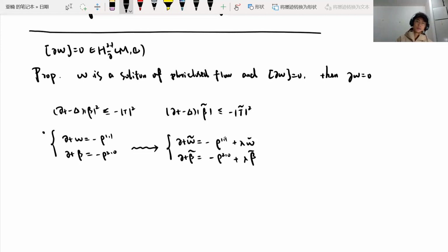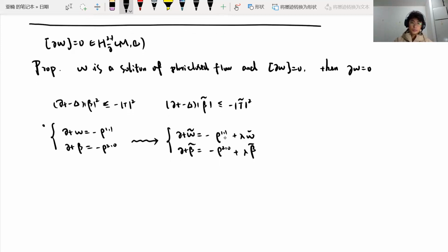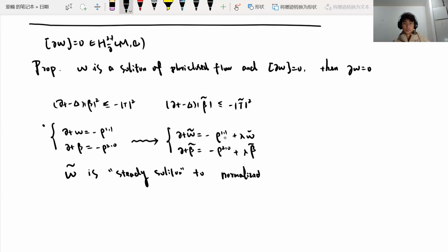So, up to a normalization, omega tilde is always a steady soliton. If omega is a soliton of the flow, so maybe it is expanding or shrinking or steady, after normalization omega tilde is also a steady soliton to the normalized flow.